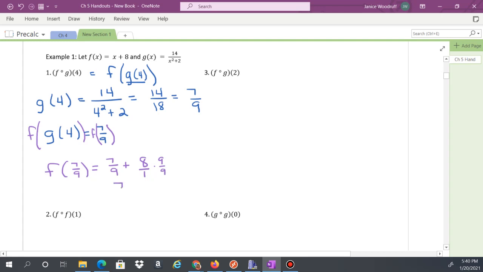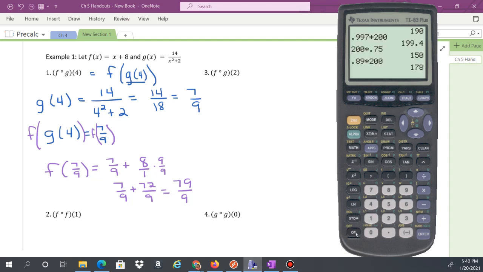That would be 7/9 plus 72 over 9, which gives me 79 over 9, which I don't believe reduces. But I'm going to check that. No reducing. So we have 79 over 9.